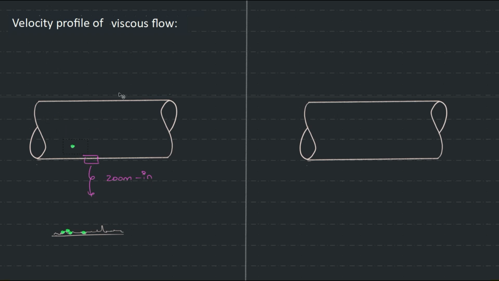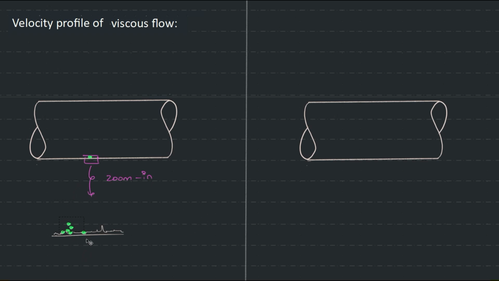So we are looking at viscous flow. The particles can get stuck over there, and because it's viscous, there is friction. The next particle might go, but because it has to brush across the one which is already stuck, this new particle will slow down.